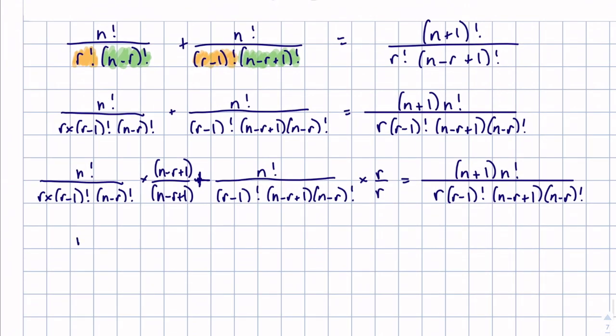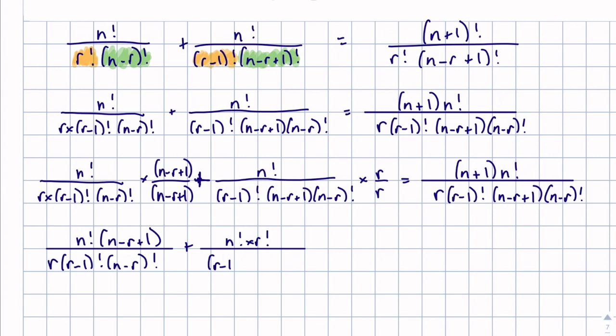Okay, so now I've got n factorial times n minus r plus 1 over r times r minus 1 factorial times n minus r factorial plus n factorial times r over r minus 1 factorial n minus r plus 1 n minus r factorial, and I'm going to put the r at the front just because then it looks like the left hand side, equals n plus 1 times n factorial.